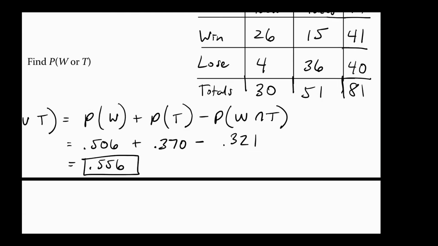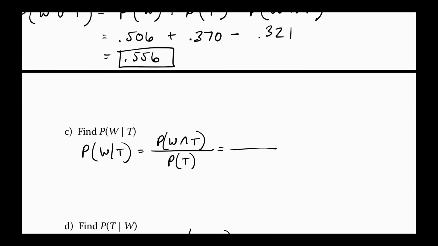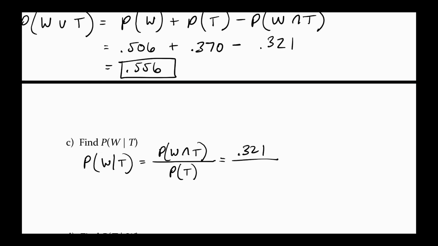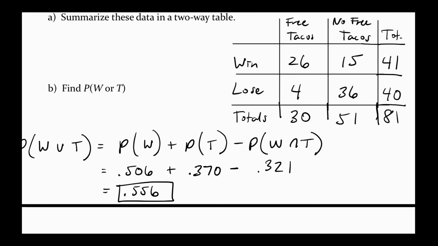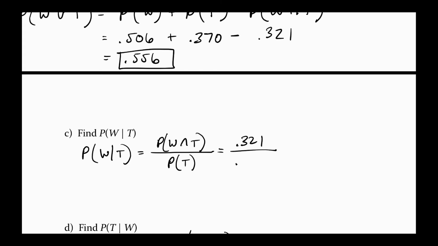Wins and tacos is 26 out of 81, right? Which is 0.321. We actually did it within the question, right? And then this one, we're dividing by the probability of just tacos, which is 30 out of 81, which is 0.370.